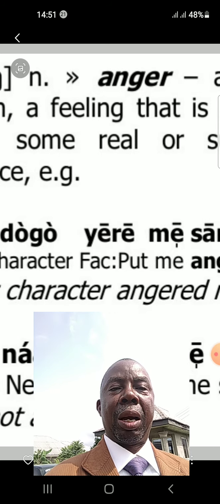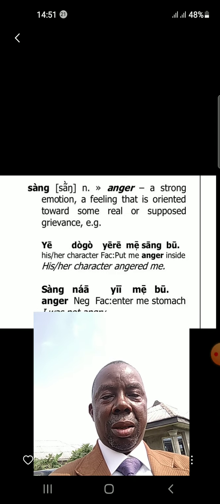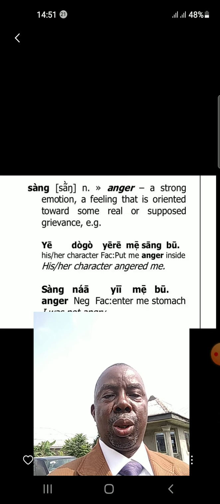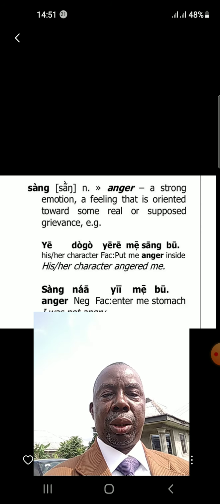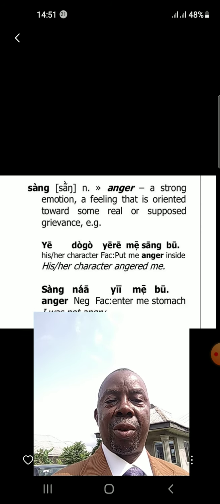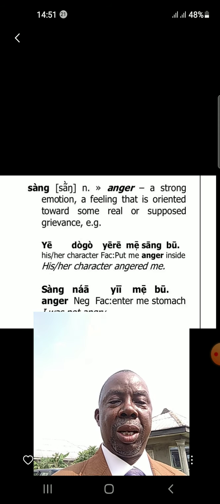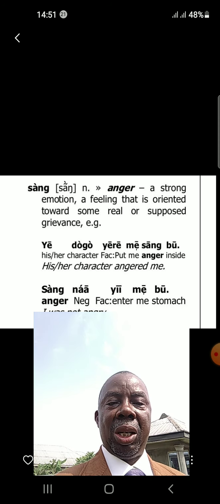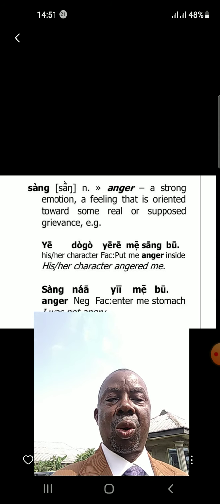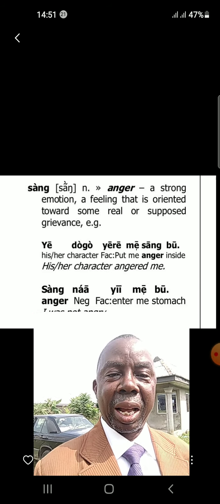It's a noun. Look at the meaning: anger. When you use the word sang to make a sentence, you can have sentences like this: Ye dogo, yereme sangbu. His or her character angered me.